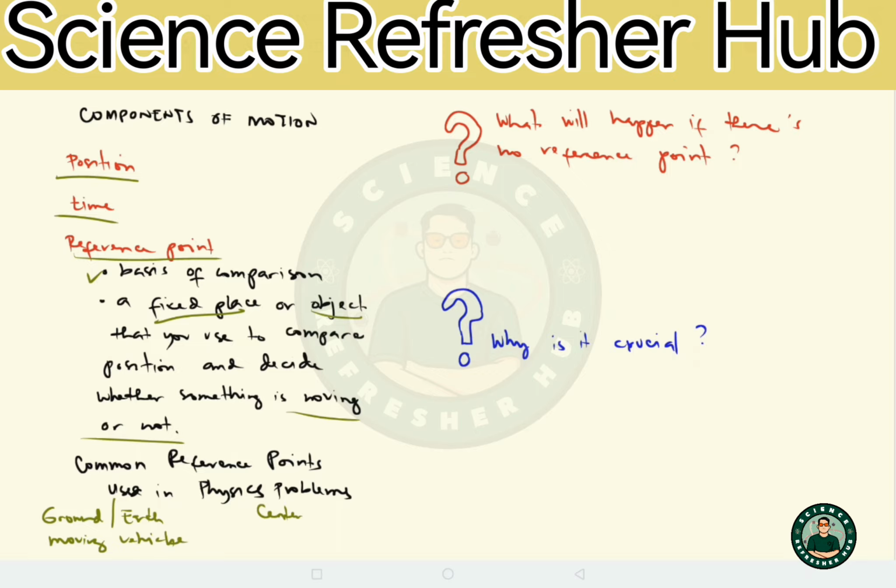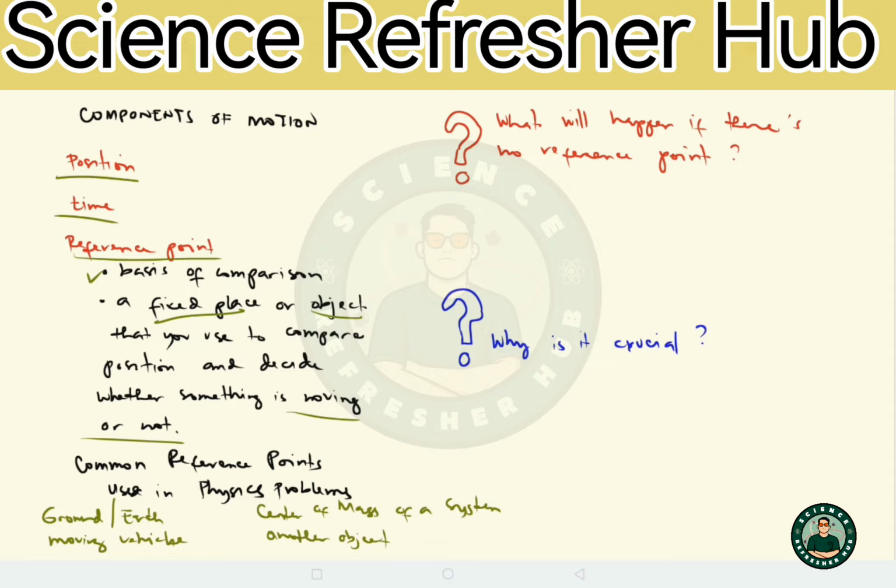Much more advanced, we have the center of mass of a system. It could be used as a reference point, especially if we will be dealing with rotational motion. But we will be discussing that one soon, okay? And then, it could be another object.